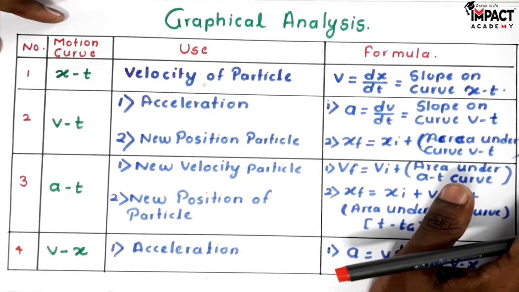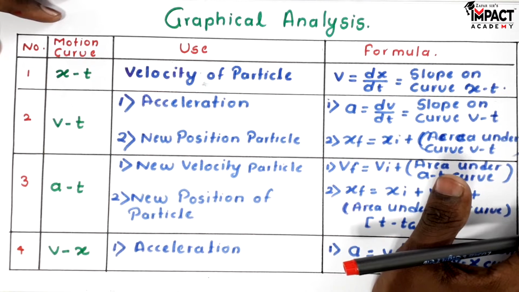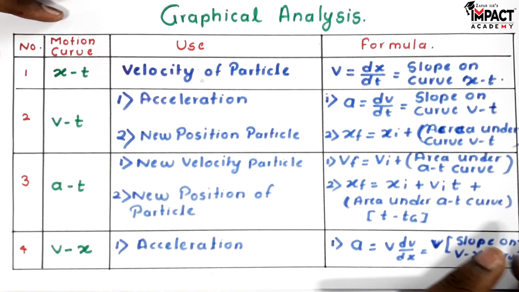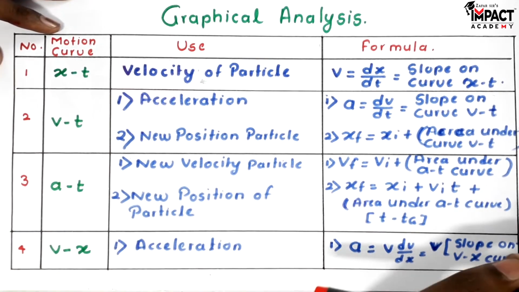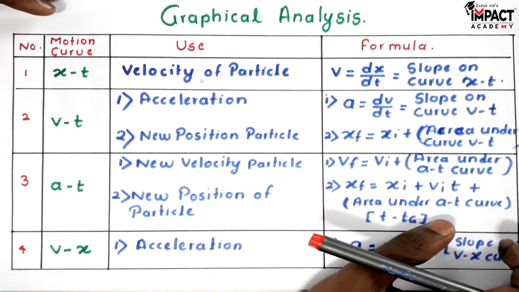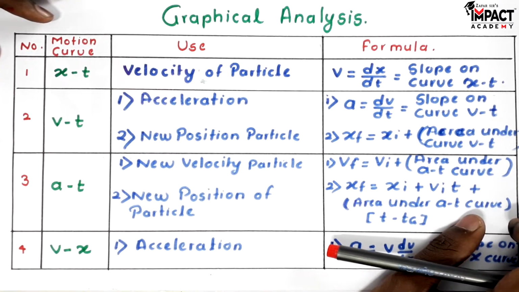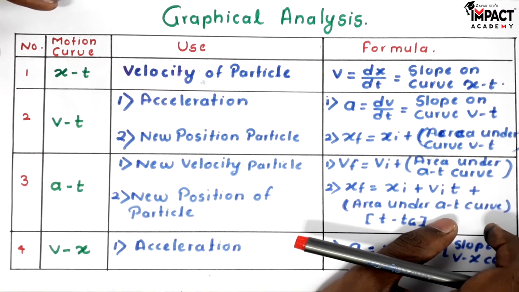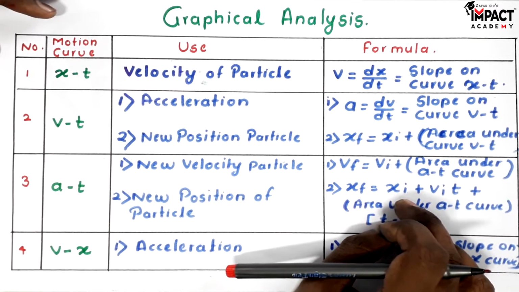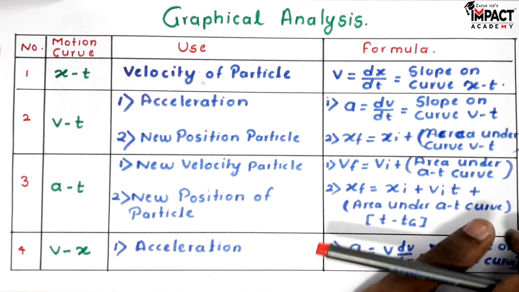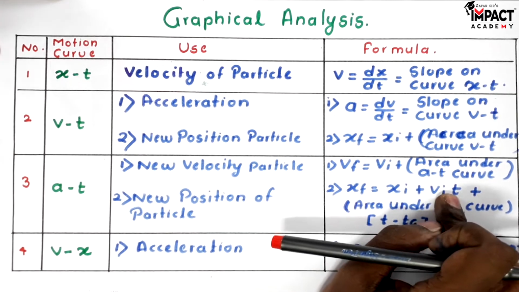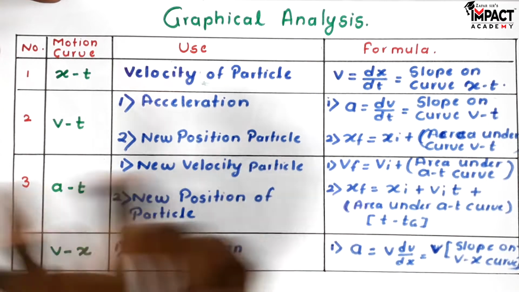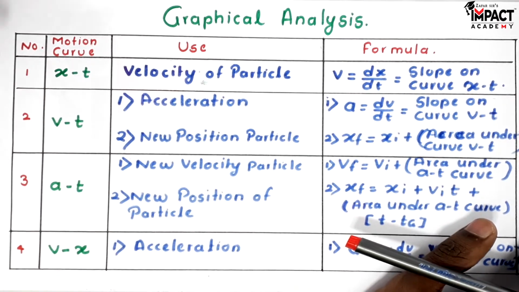So from acceleration we have to construct the VT curve and XT curve. From acceleration we can find the new velocity of the particle and the new position of the particle using the formula Vf is equal to Vi plus area under the AT curve, or for the position, Xf is equal to Xi plus Vi into T plus area under the AT curve into T minus Tg, where T is the time interval and Tg is the x coordinate of the center of the given shape.